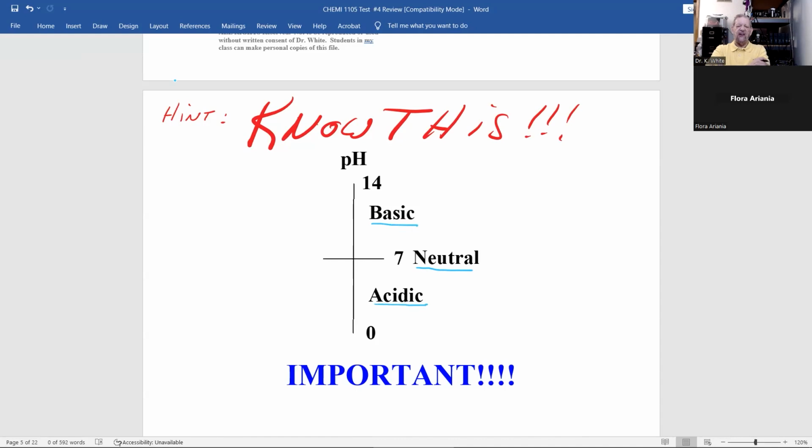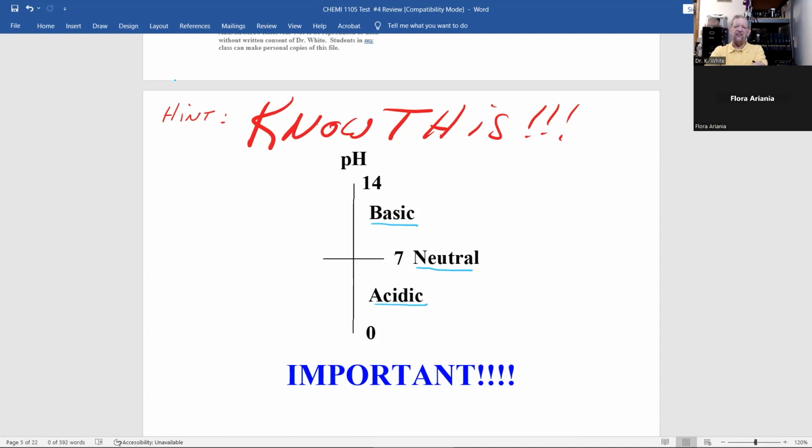If you were to test something like ketchup, which is made with vinegar, which is made with acetic acid, it's got a pH of about 2 to 3, which means your ketchup is acidic.